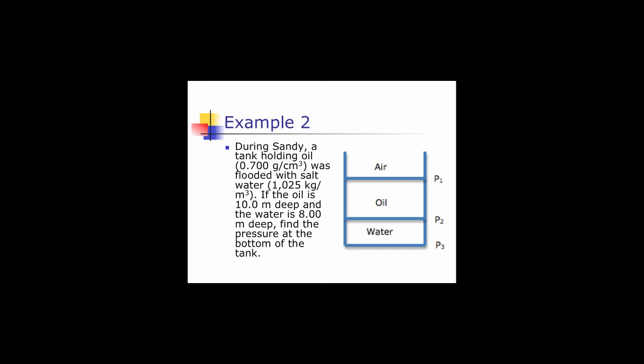The oil is 10 meters deep, and the water is 8 meters deep, and it asks us to find the pressure at the bottom of the tank. Okay, so the very first thing I would want to do would be to determine the density of the oil, and the density of the oil would be 700 kilograms per cubic meter. It's basically multiplying by 1,000, and you should have that conversion memorized.